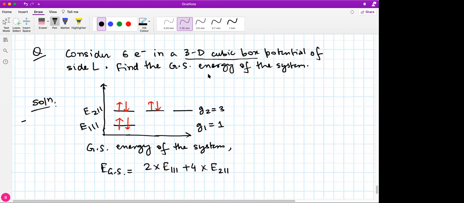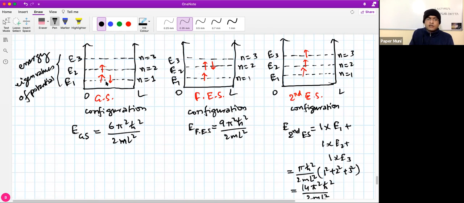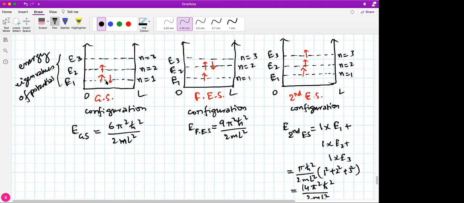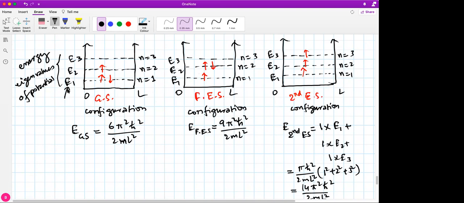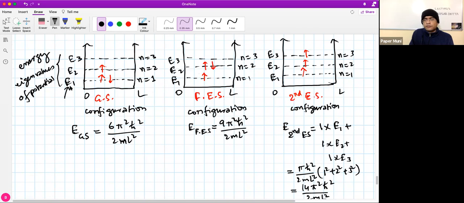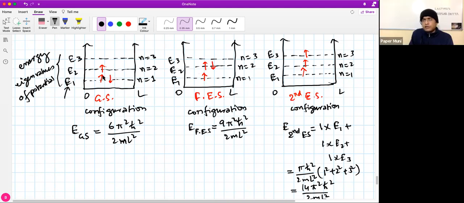I get that, sir, but what is the number of states available for each energy in the 1D box? What is the degeneracy of this ground state? 1. So we have one state, right? So that will be filled up with these 2 electrons. We do not have any other state.